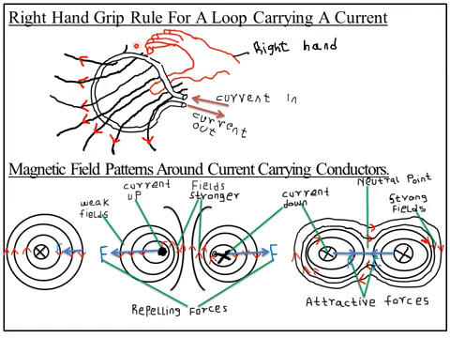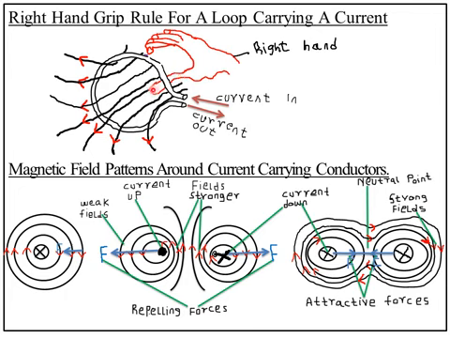If the fingers of the right hand encircle the current loop such that they point in the direction of the current, then the thumb points in the direction of the magnetic field formed through the inside of the loop. Now, as you can see, when I'm encircling this particular loop in the direction of the current, my thumb is pointing in this direction, that is, out of the paper.